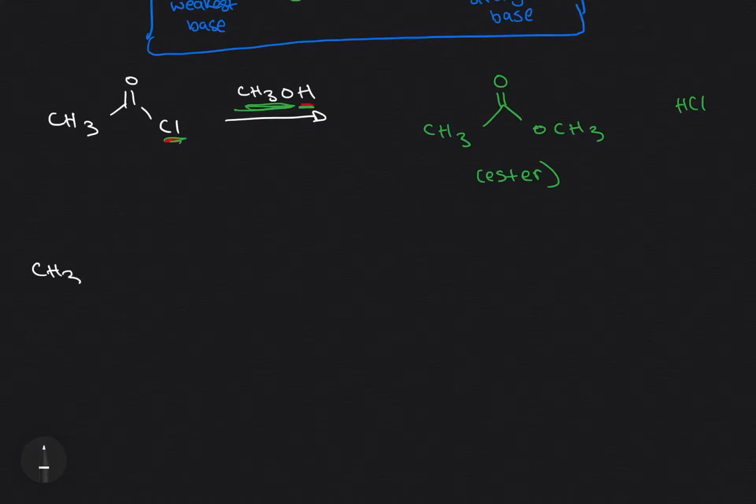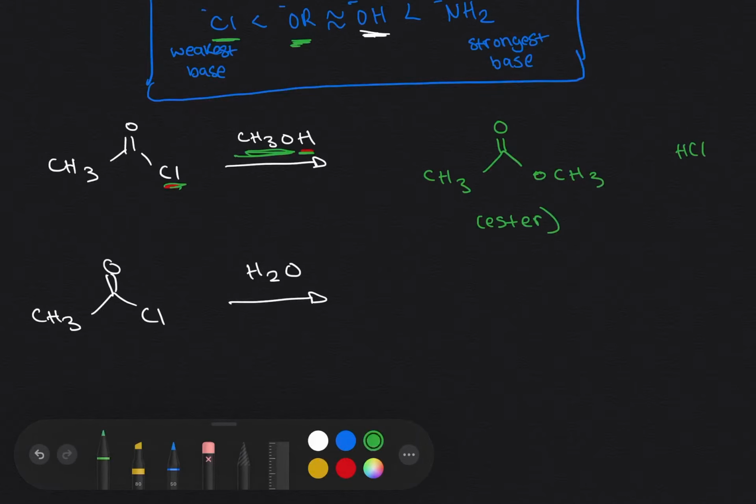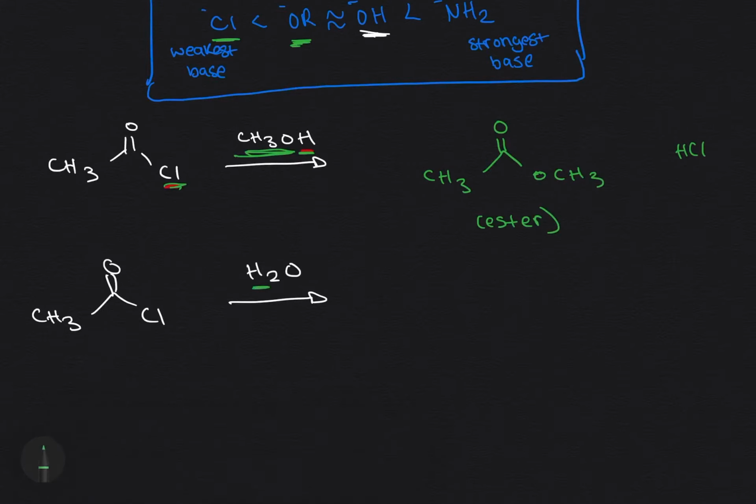Get our ethanol chloride. And this time let's go ahead and react it with water. Okay, what's going to happen? Again, you can see that water would fall into this category here. We're going to lose a hydrogen, and chlorine is going to leave the main molecule.